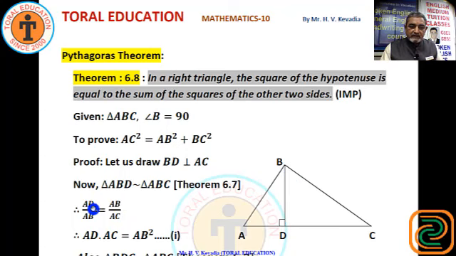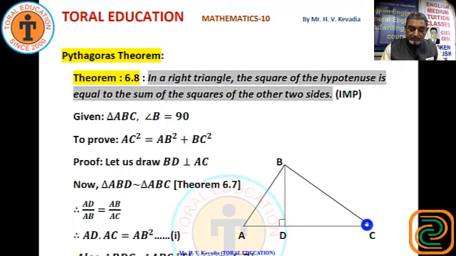Therefore we can say AD upon AB equals AB upon AC. AD upon AB and AB upon AC.